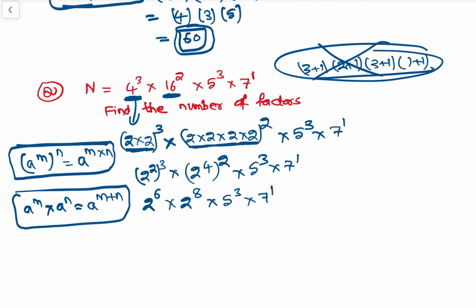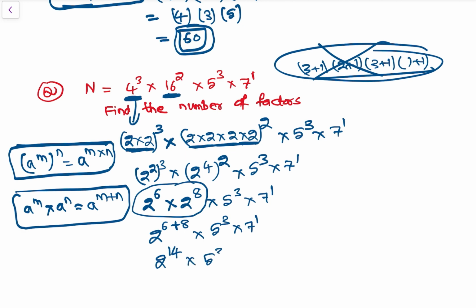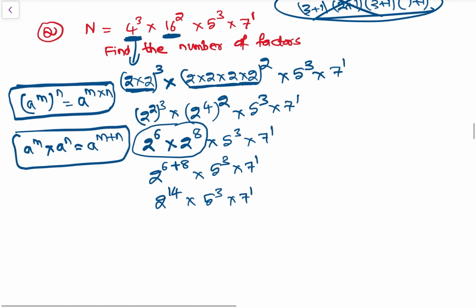So 2 to the power 6 into 2 to the power 8 would be written as 2 to the power 6 plus 8, that is 2 to the power 14 into 5 to the power 3 into 7 to the power 1. See, I am writing everything so that you can understand easily.